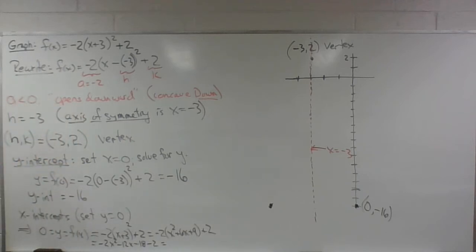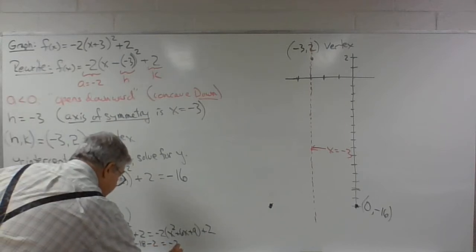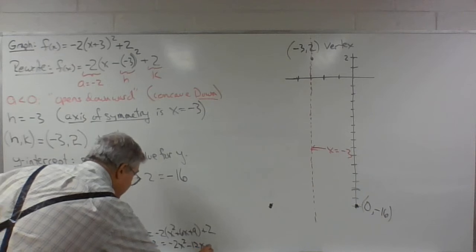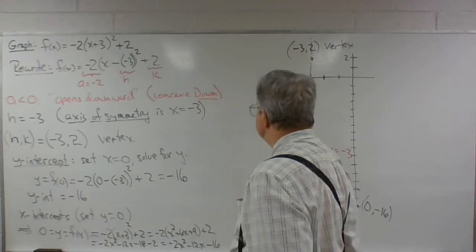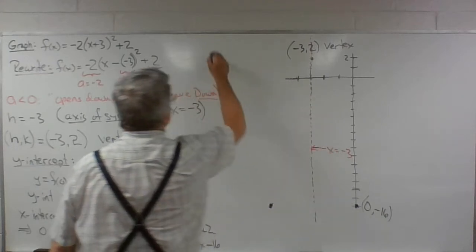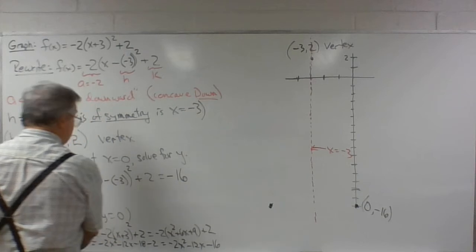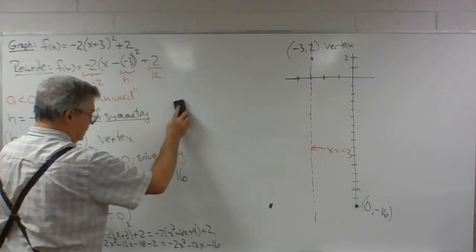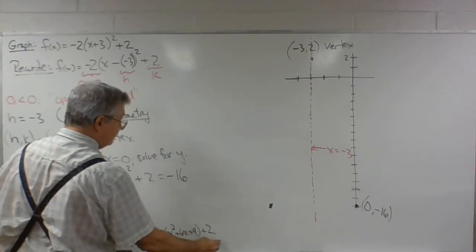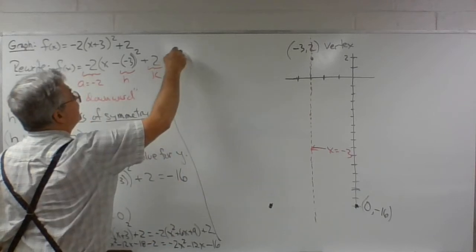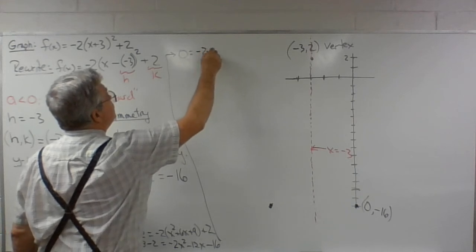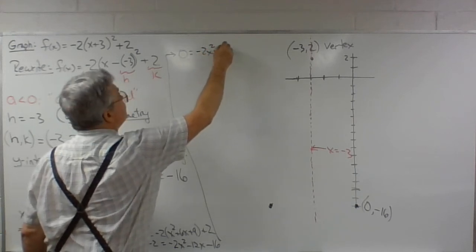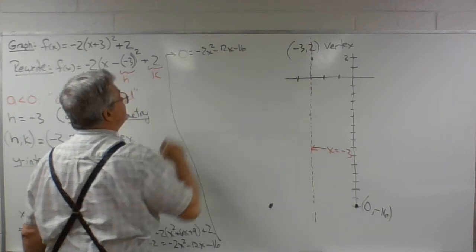So that is negative 2x squared minus 12x minus 16. 0 equals negative 2x squared minus 12x minus 16.